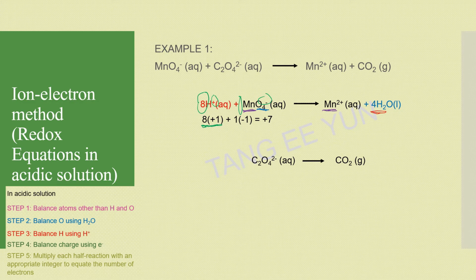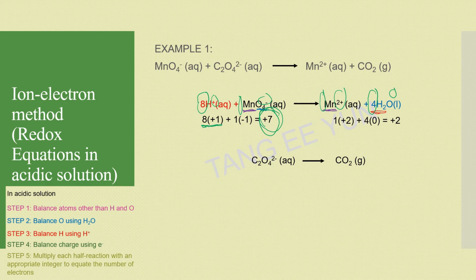What we get is +7, and that is the total charge on the reactant side. We do the same thing for the product side. For manganese 2+ ion, the coefficient is 1 and the charge is +2. And for the water, the coefficient is 4 and the charge is 0.